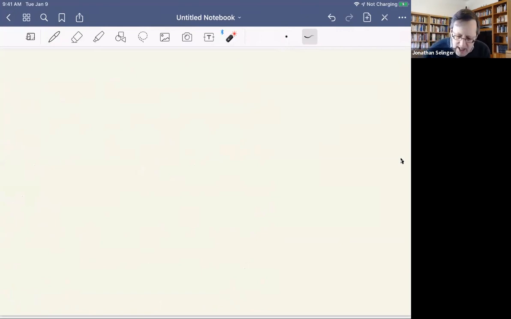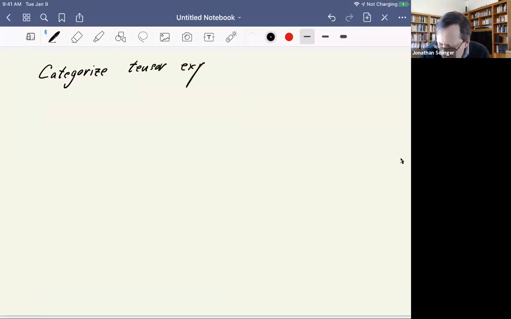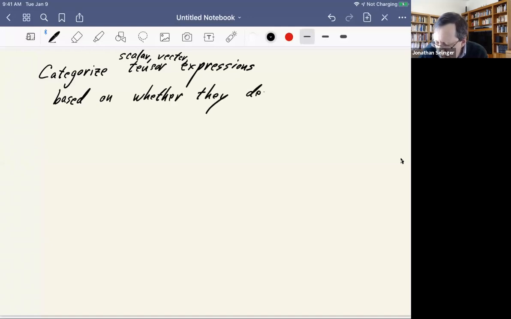The answer to that is that we need to categorize tensor expressions, and not just tensor expressions, but scalar and vector and tensor expressions, based on whether they depend on the sign of epsilon ijk.